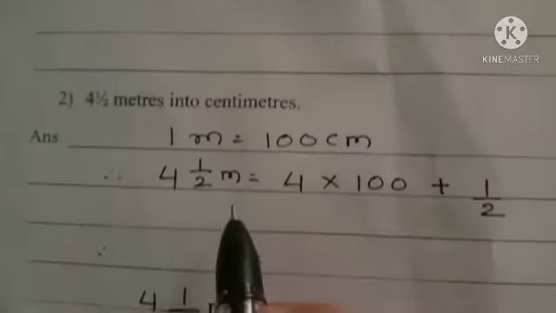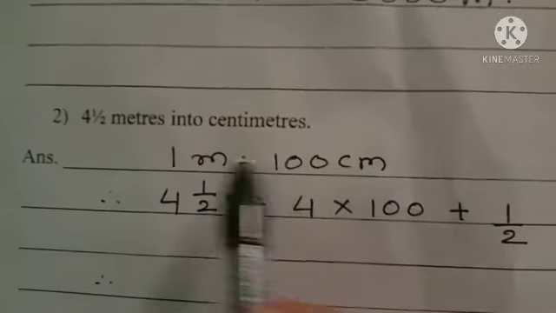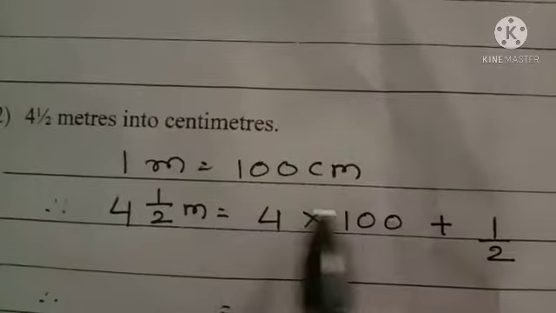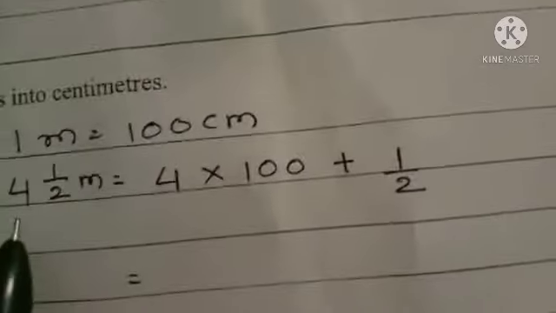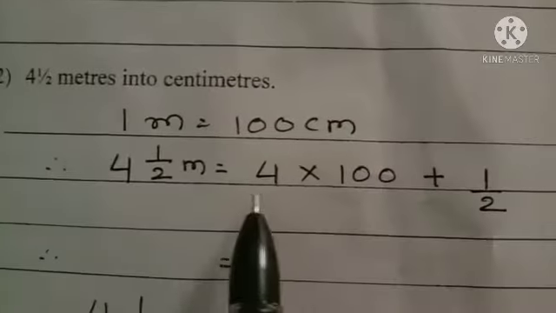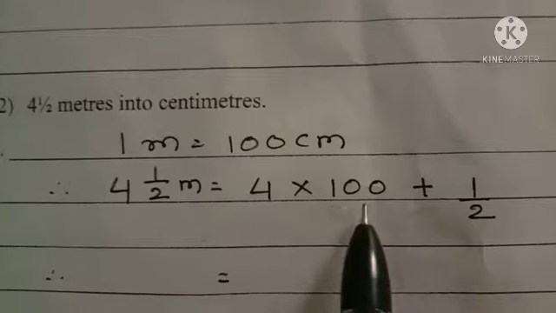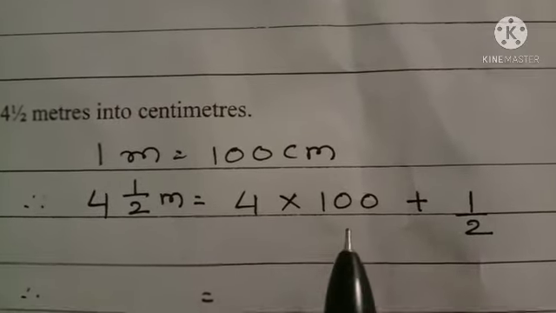Now next is given 4.5 meters into centimeters. You know that 1 meter is equal to 100 centimeters. So we'll first separate this 4.5 meters. We will multiply this 4 by 100 centimeters because we have to convert this 4 meters into centimeters.